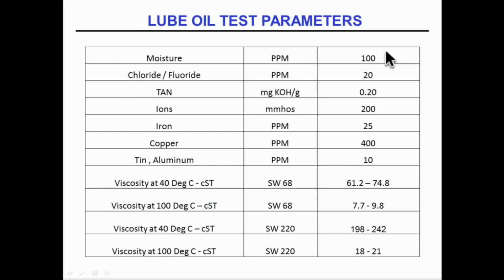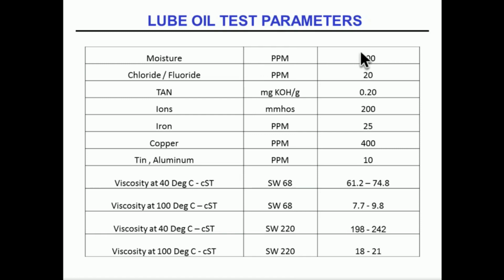Moisture higher than 100 ppm is a clear indication that I have moisture inside. That means somehow I have not done proper vacuumization, or whenever I did repair work, I had not done complete evacuation. The TAN is an indication of the acid number. Anything beyond 0.2 means the reaction of moisture is already taking place inside.